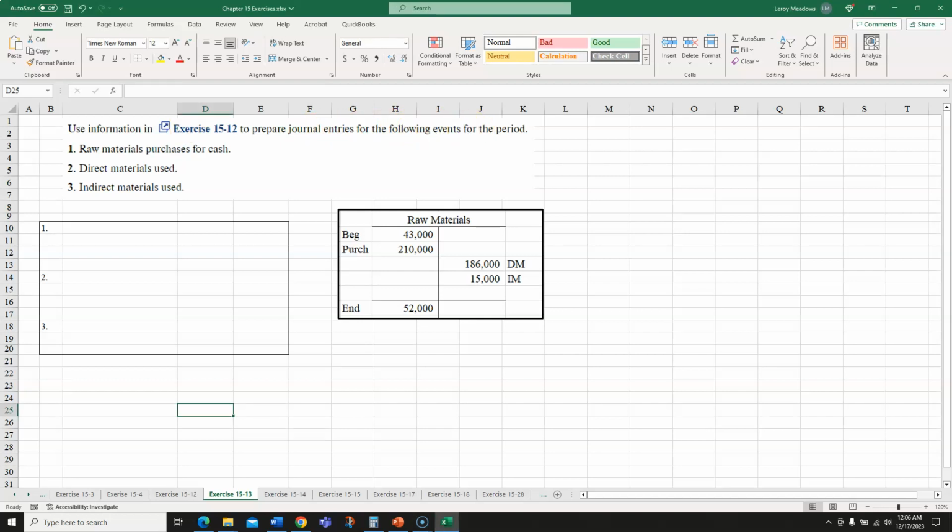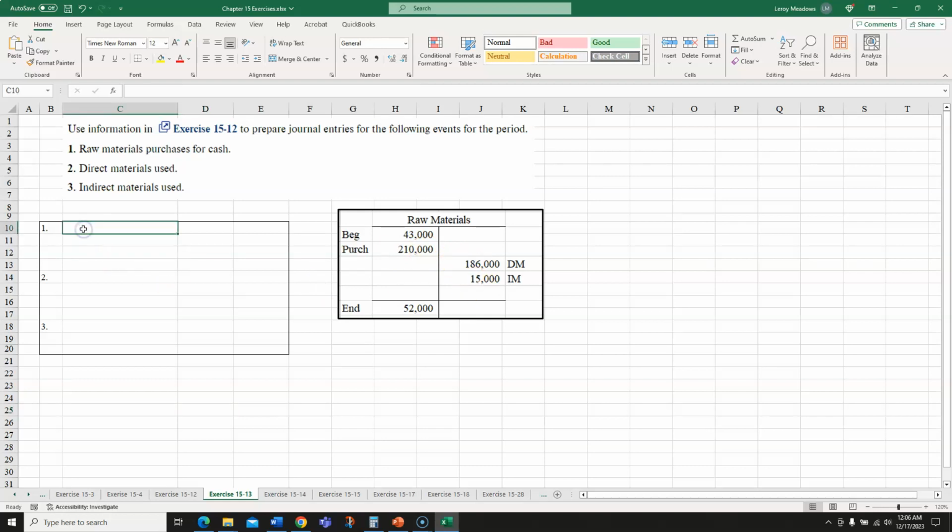The raw materials purchased for cash, direct materials used, and indirect materials used. So when I make my purchase, I'm going to journalize this. The beginning has already been journalized. I'm going to journalize my purchases, direct materials used, and my indirect materials used.